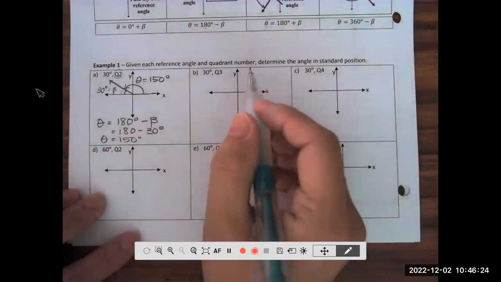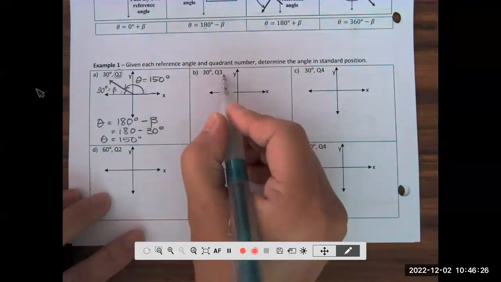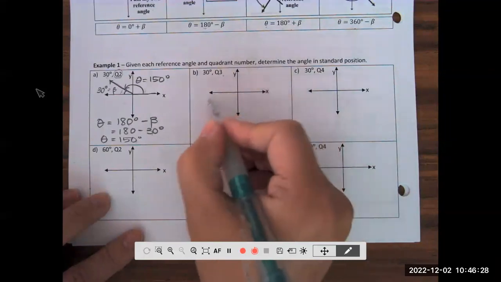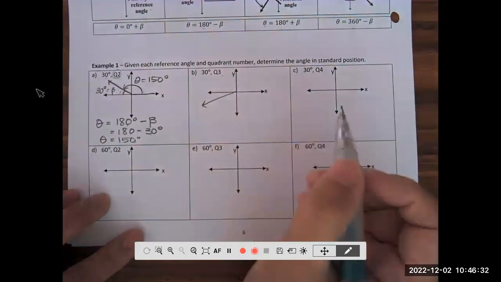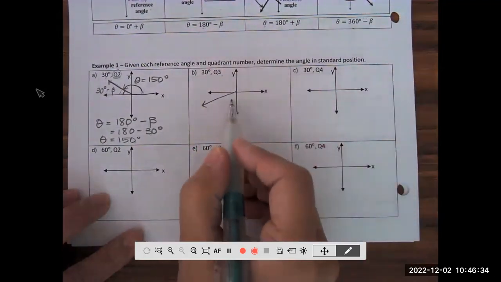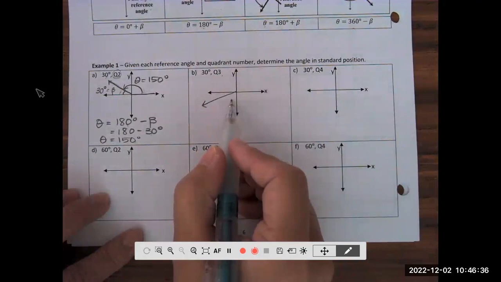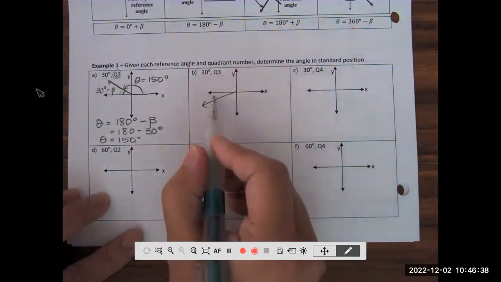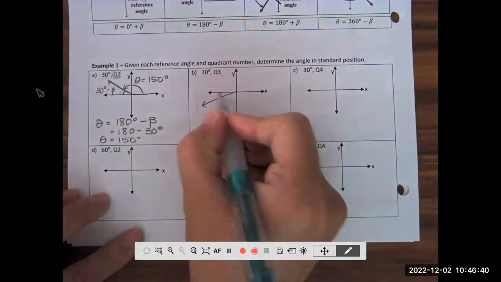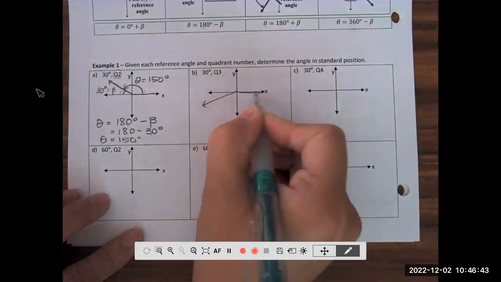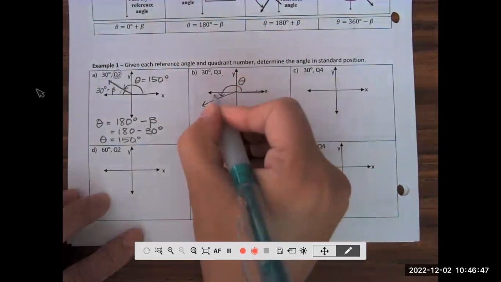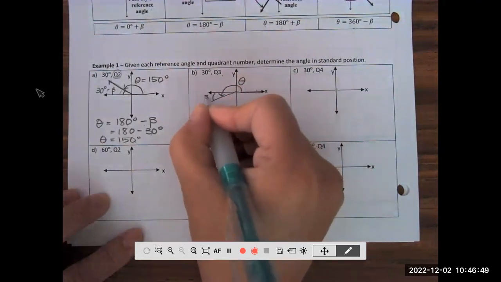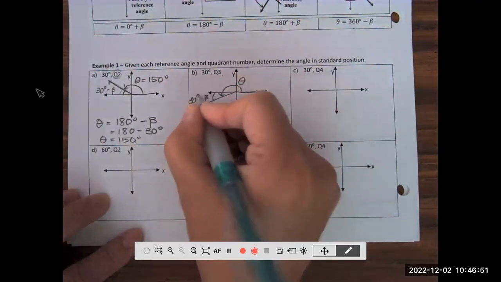Okay? So this next question, quadrant number 3, same angle. So now I'm in the third quadrant. I'm going to draw an angle. Where is beta? Is it going to be here, position 1, or here, position 2? 2. Good. So this is my theta. This is my beta, and that's 30 degrees.